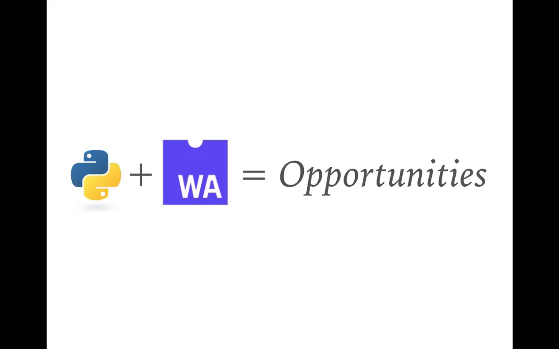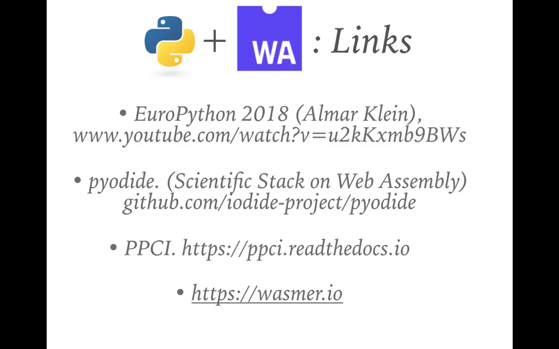WebAssembly is that emulated machine. It's a target for Rust and for C++ and C, and you can compile stuff to it, and you can make extension modules with it. And yeah, you can run it in the browser if you want, but you don't have to. There are a lot of projects going on right now that are very interesting. I would have you look at it.